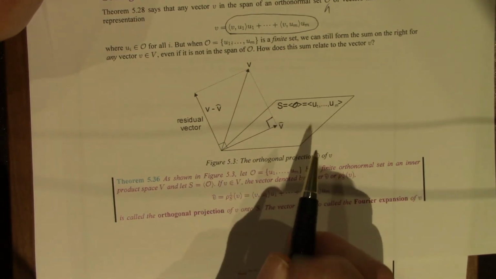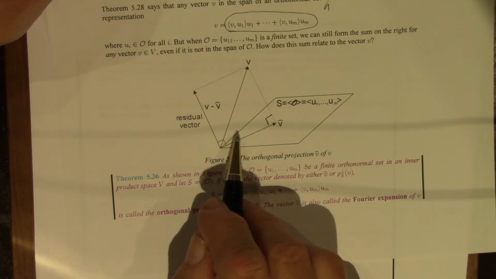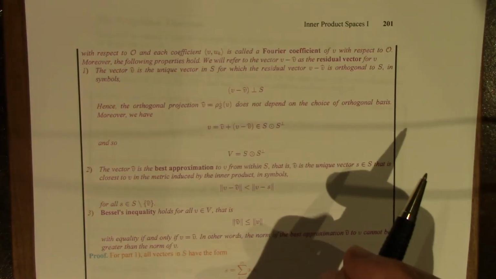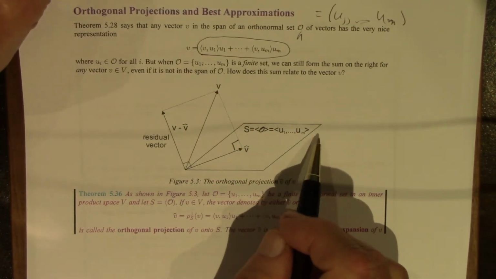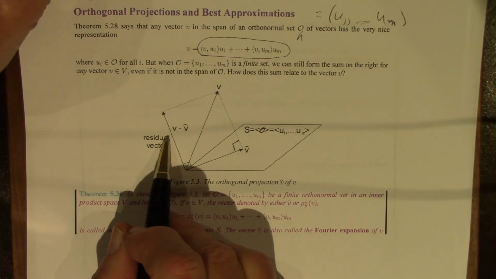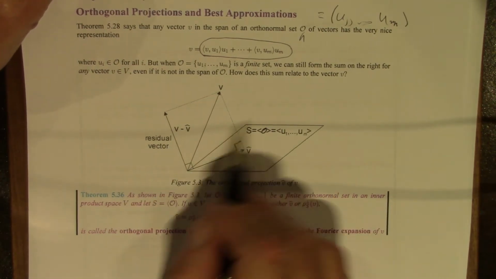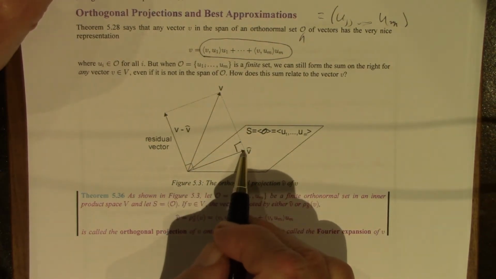Obviously, a picture is not a proof. This picture is the support for the statements of the theorem. So there's only one vector in S for which the residual vector v minus that vector is orthogonal to S, and it is the orthogonal projection.